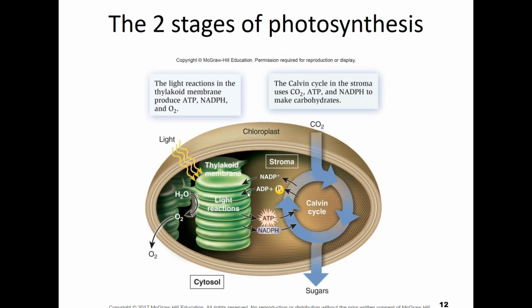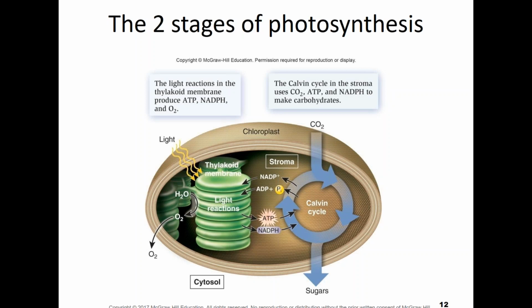So the two stages of photosynthesis: the light reactions cause a reaction to happen on the thylakoid membrane, and it also involves an electron transport chain, but the light causes something to happen in the pigment there in the thylakoid membrane, bounces an electron out, and then the electrons bounce down this electron transport chain and produce ATP from ADP.